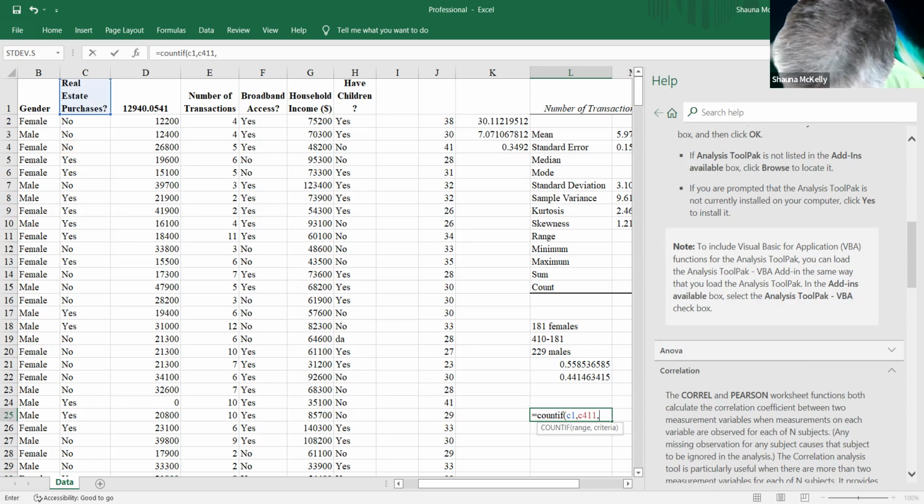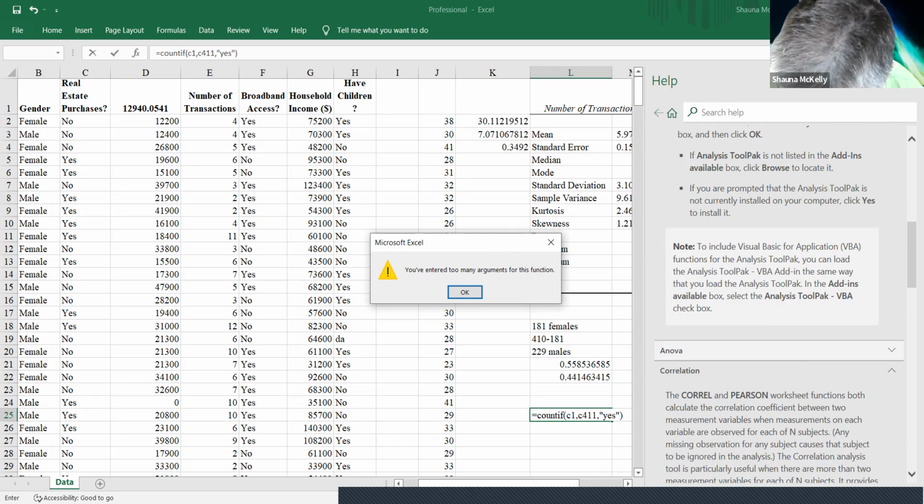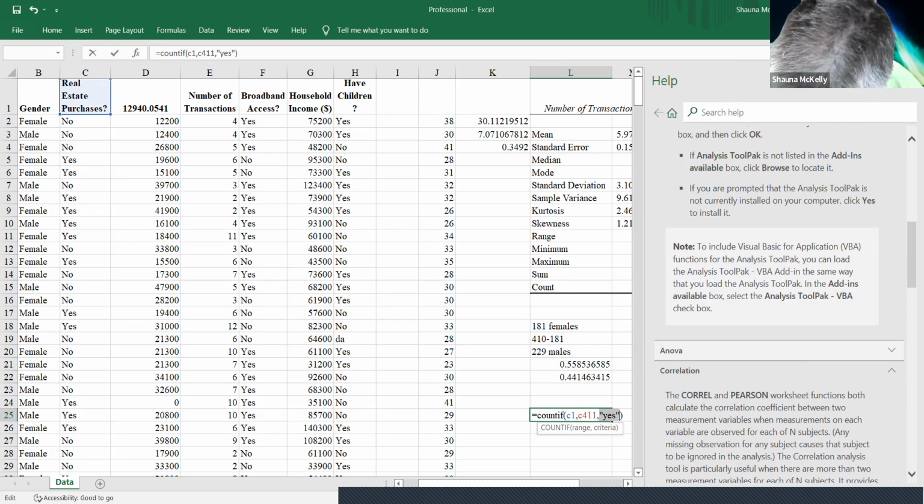And then you're gonna have yes in here. Let's see, you entered too many arguments. Too many? Wow, okay. Let's see what I did wrong here.